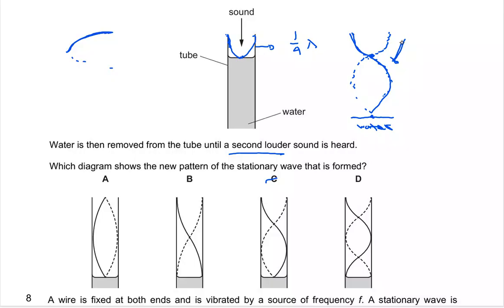Each loop is at half of wave. So it's noted that when the frequency of stationary wave is at the third loud sound, the part of stationary wave is at half wavelength.